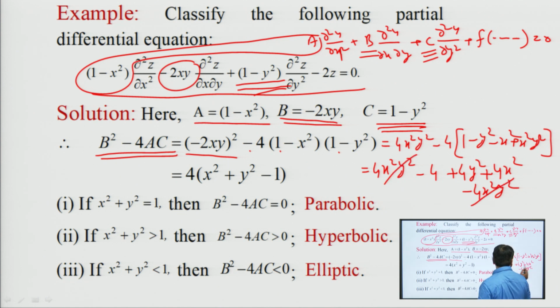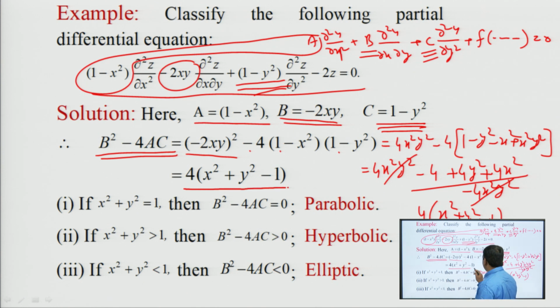So, we can see that this value becomes 4 into x square plus y square minus 1.